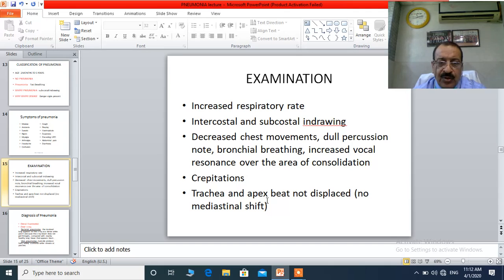Percussion note will be dull on that area, and on auscultation we will hear bronchial breathing and there will be increased vocal resonance over the area of consolidation.